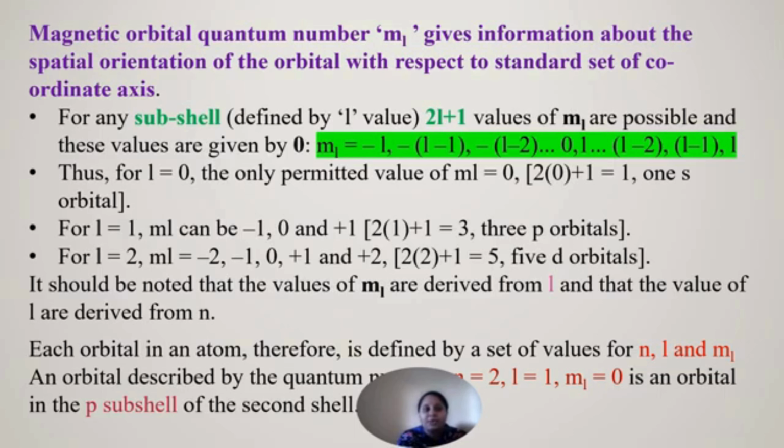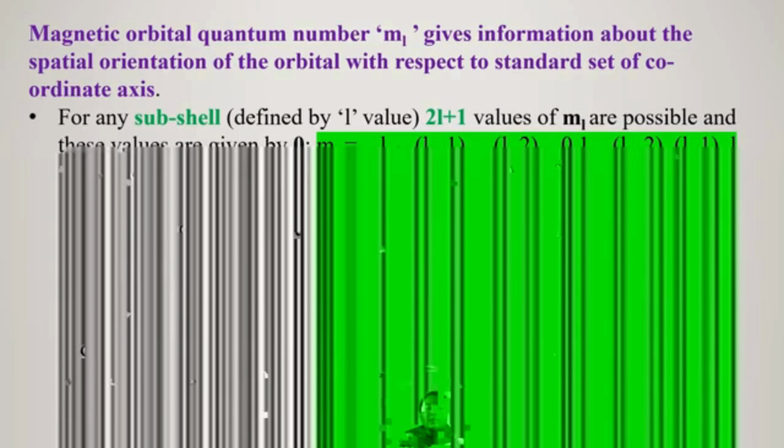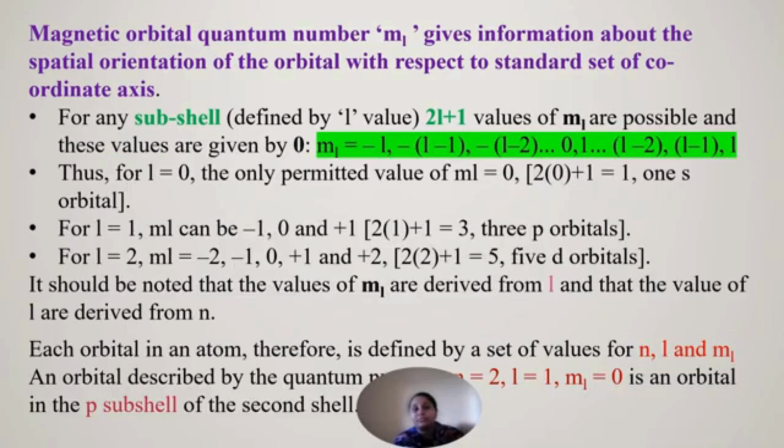For any subshell which is defined by the L value, there are 2L plus 1 values of ml. ml corresponds to minus 1 to plus 1 or minus 2 to plus 2. Here it follows integers, but the principal quantum number takes only positive numbers.